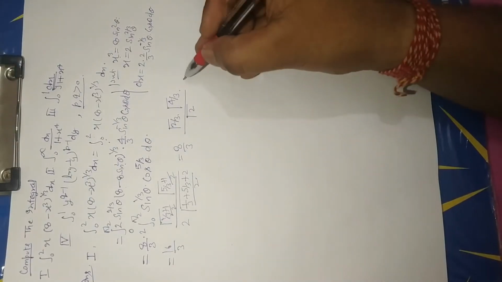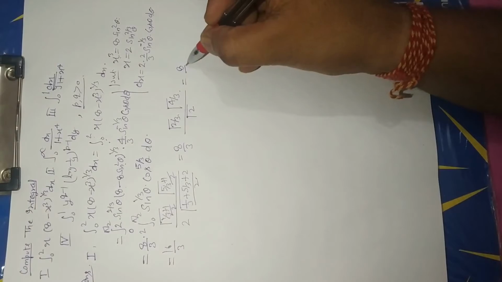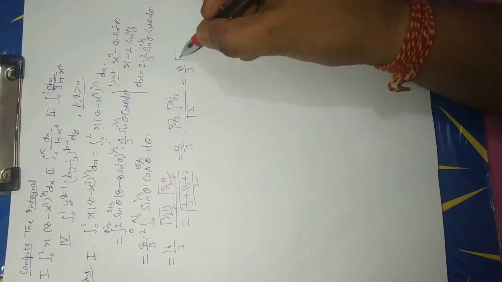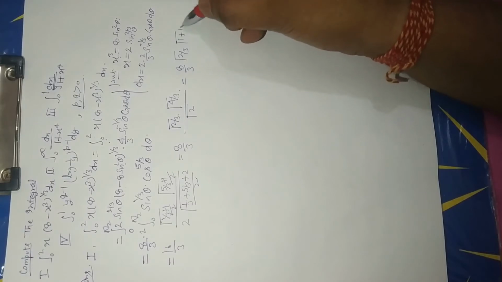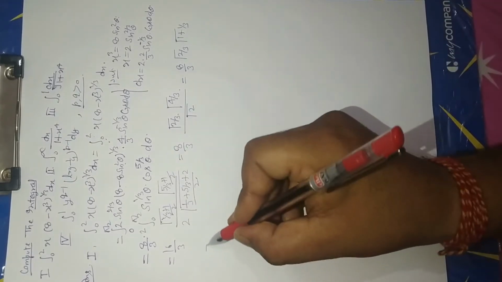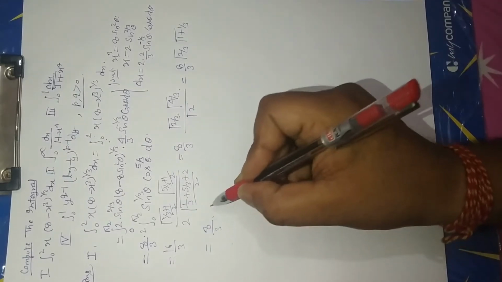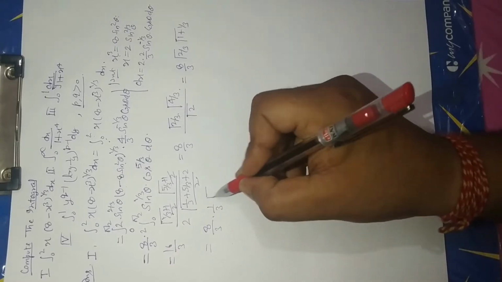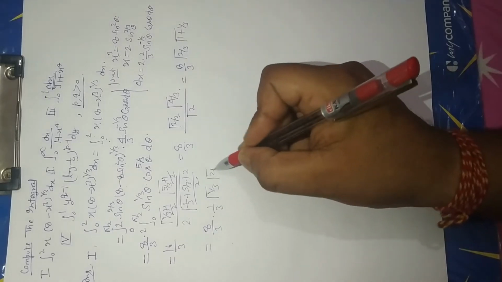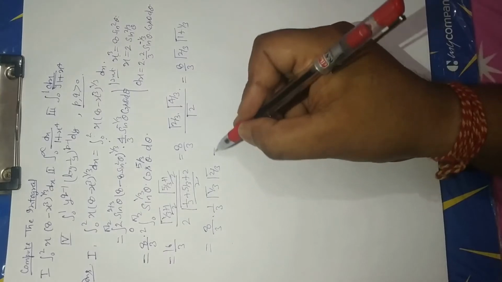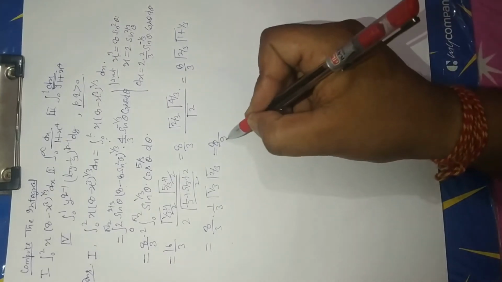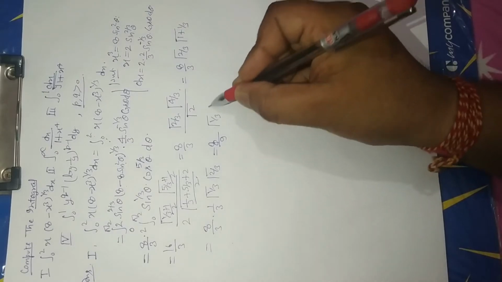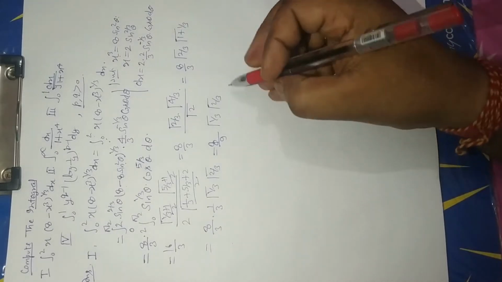Now we get 8/3 Γ(2/3), this is equal to 1 plus 1/3. Now 8/3 times 1/3, Γ(1/3) Γ(2/3). This is equal to 8/9 Γ(1/3) Γ(2/3).